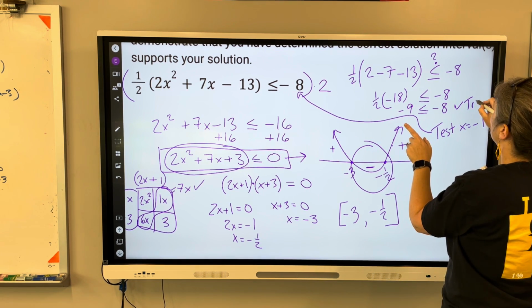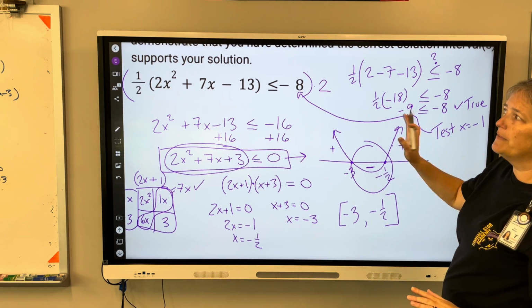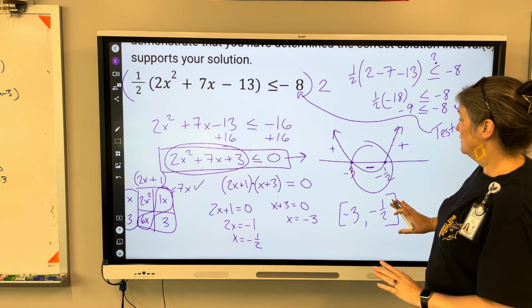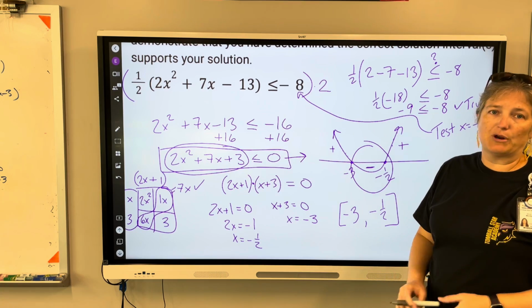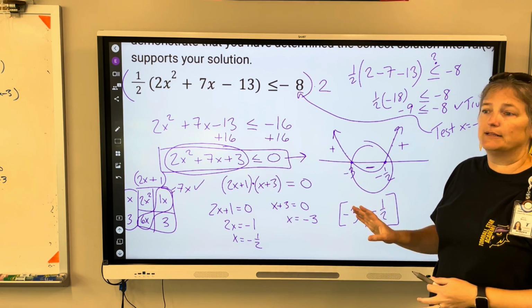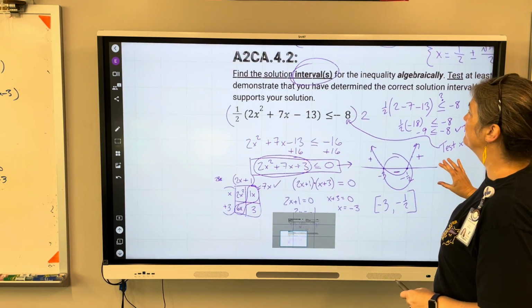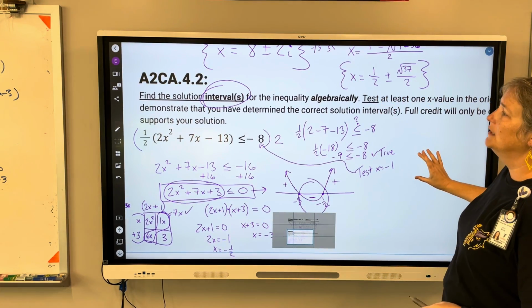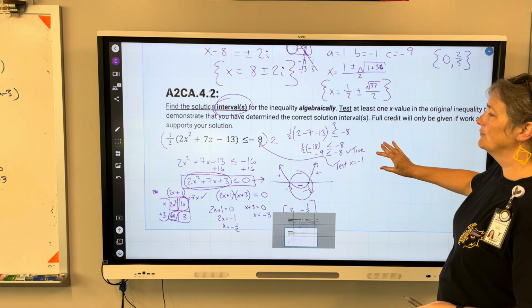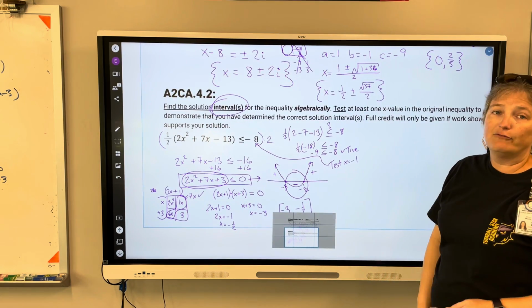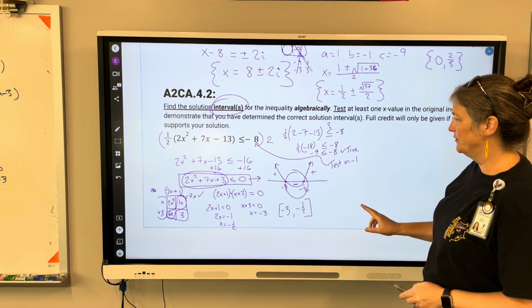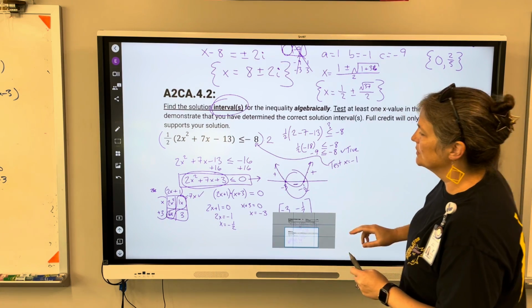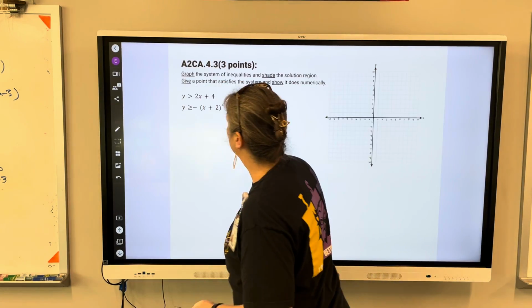So since it's true, I have numerically validated that my interval is probably right. Now, it's not proof, but it is evidence and some amount of validation, and it is testing an x value to demonstrate that at least -1 is on the interval. So those are my solutions to 4.1 and 4.2.